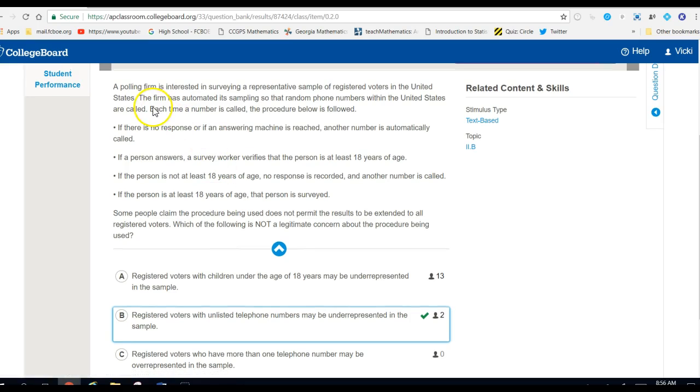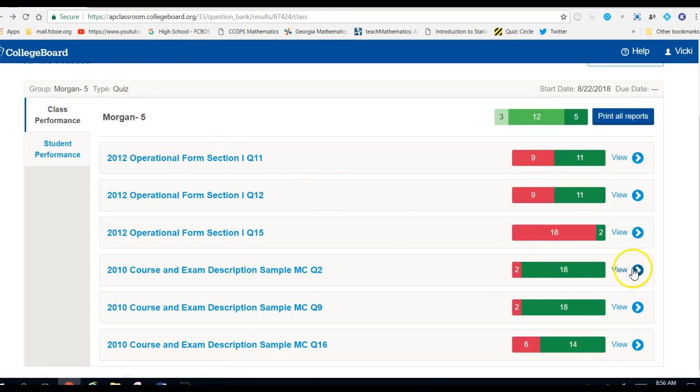But you had to fully understand that the firm has automated its sampling so that random phone numbers within the U.S. are called. So they're just randomly generating those numbers and calling them. So that was a very complicated problem with a lot of things going on in it. Just make sure you understand that one.